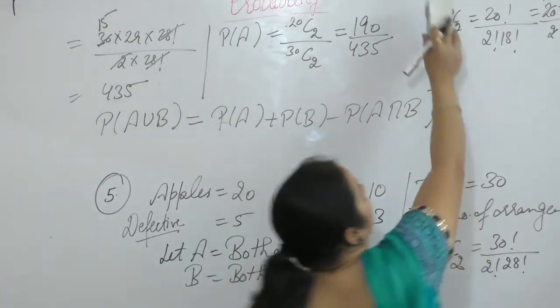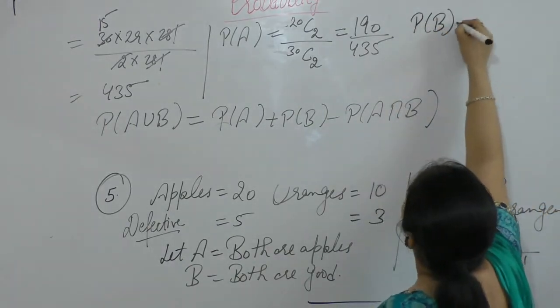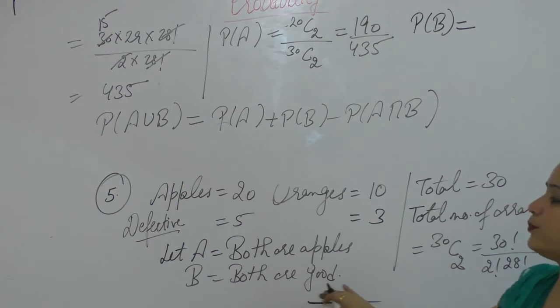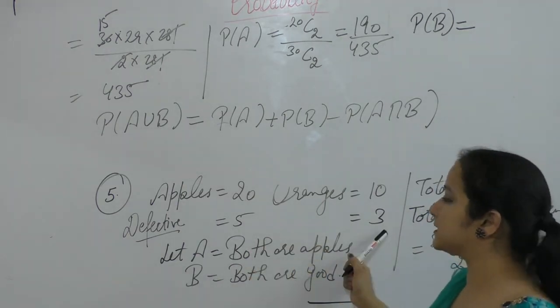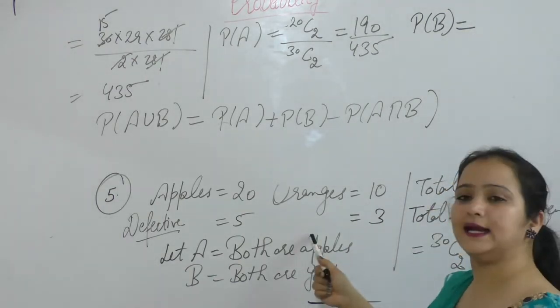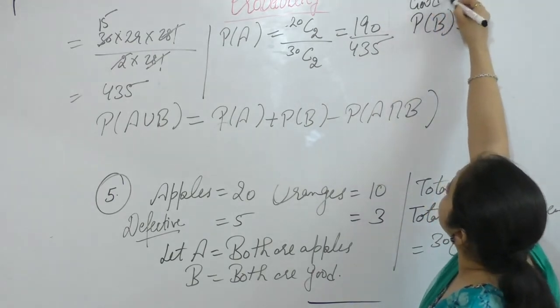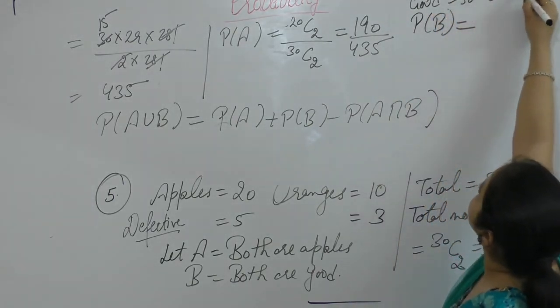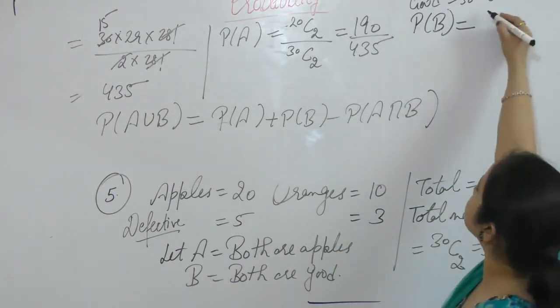Now the probability of B. What is the probability of B? B is both are good. How many items do we have defective? 8. Out of 30, 8 items are defective. So good items are 30 minus 8, that is 22. So we have to select 2 items from these 22.